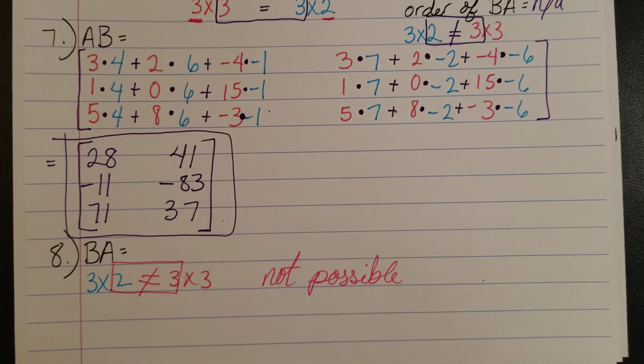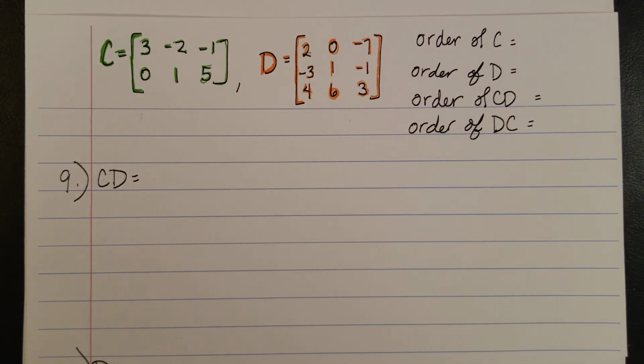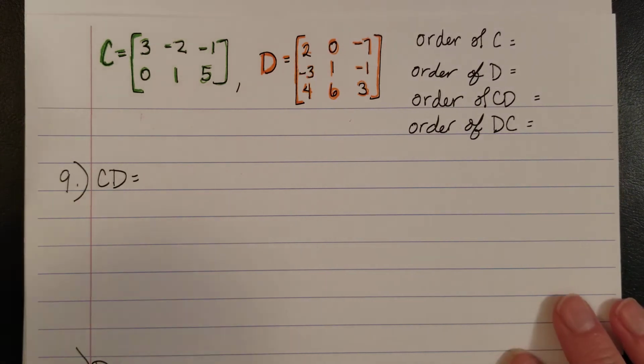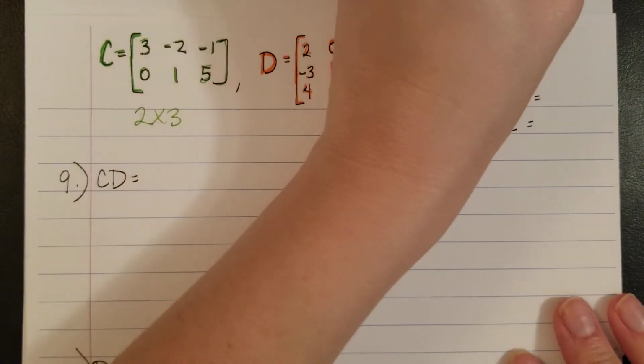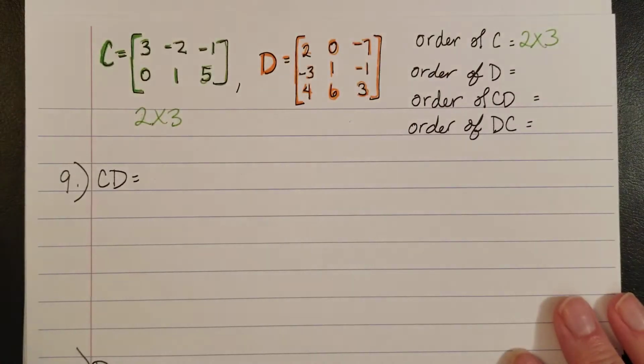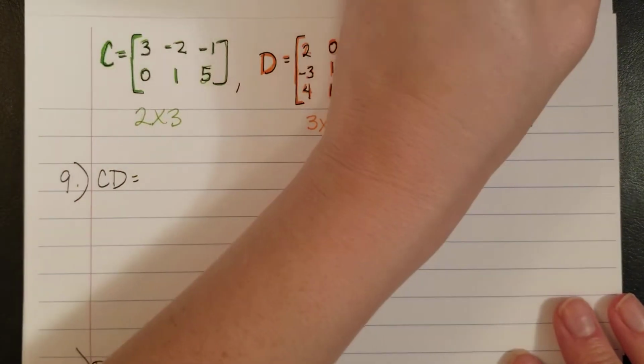All right, and we're just going to do some more examples of matrix multiplication. So C is a 2 by 3, and D is a 3 by 3.